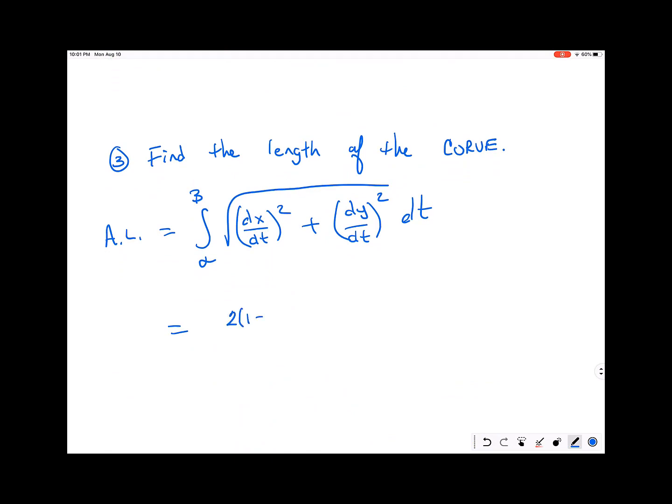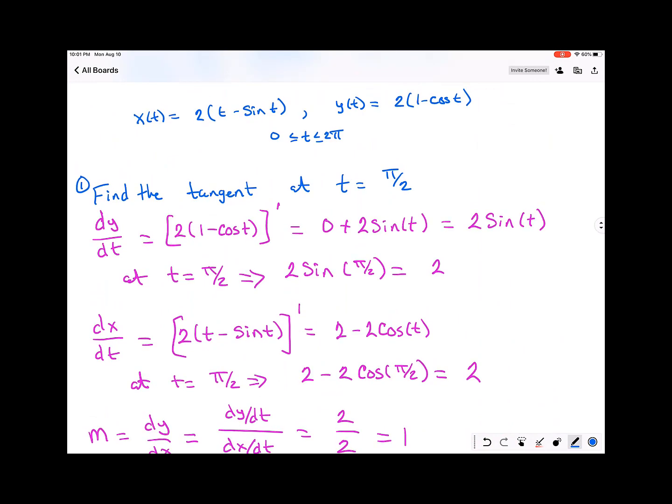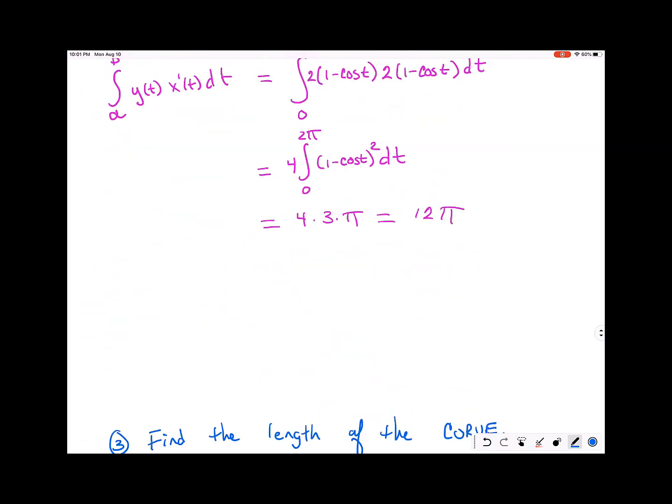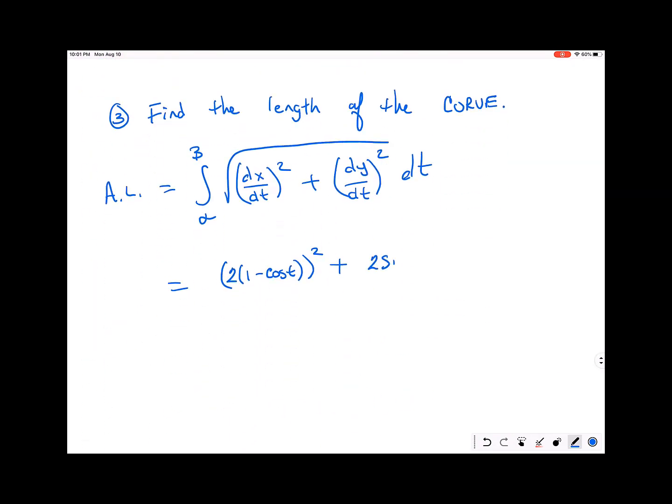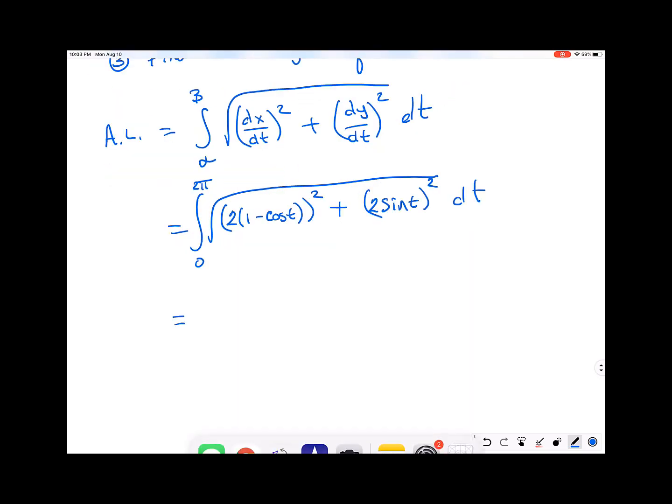So this is 2 times 1 minus cosine of t, and then I have to square it. And then plus I take the y, which again I've already done, take its derivative with respect to t. So that's 2 times sine of t. So this is 2 times sine of t, and then I square it. And I take the square root of that with respect to t, and I integrate from 0 to 2 pi. When I evaluate this integral and simplify, I will get equal to 16.